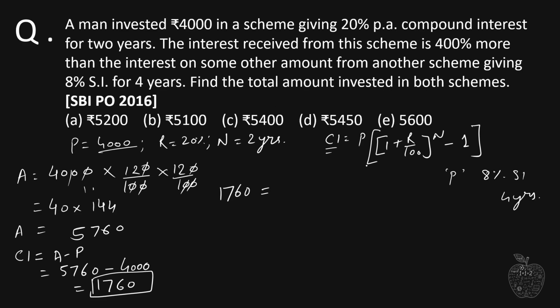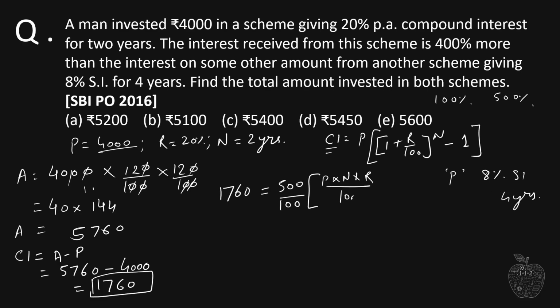Okay, and it is said that this interest is 400% more. If it is 100%, and it is 400% more, that means it is 500%. So that means this interest, which is 1760, is 500% of this simple interest, and the formula for simple interest is what?